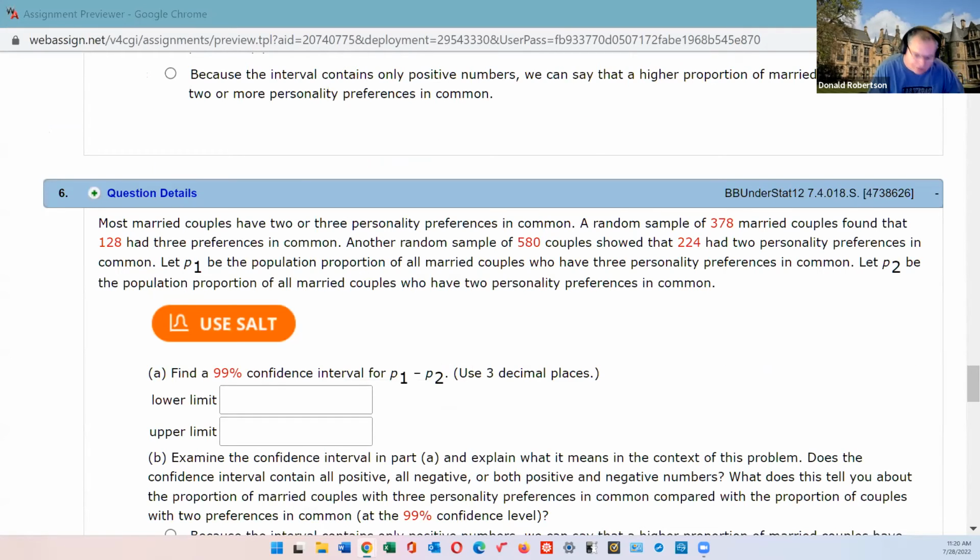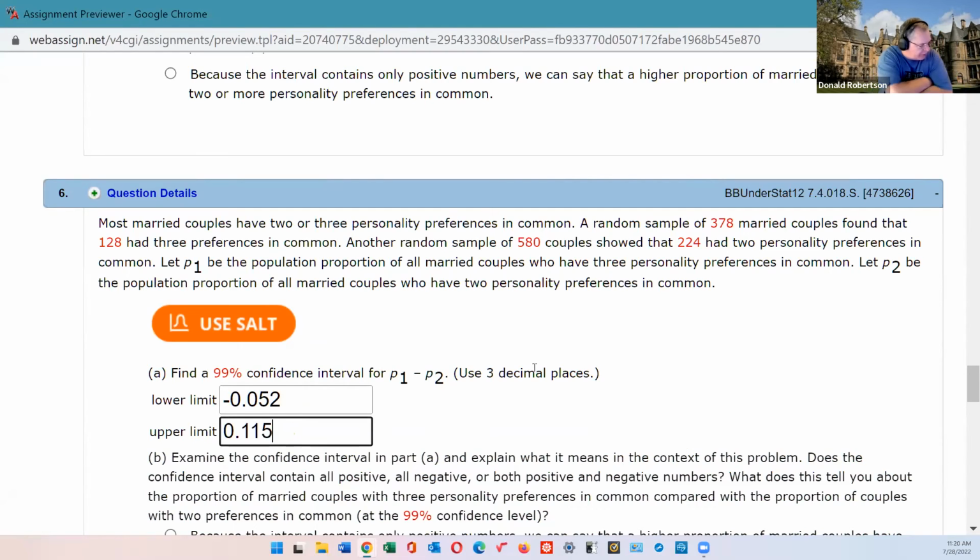So I'll copy this guy and put it here. And the upper limit for the difference between the two is about this number. To 3 decimal places, you get 5052. And to 3 decimal places, you get 115.